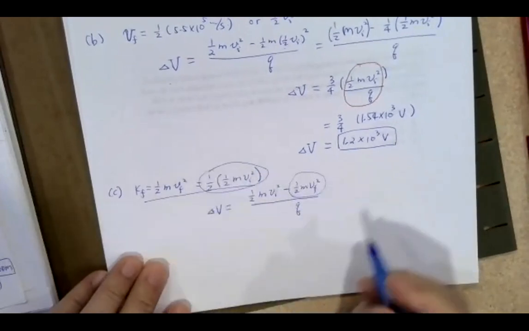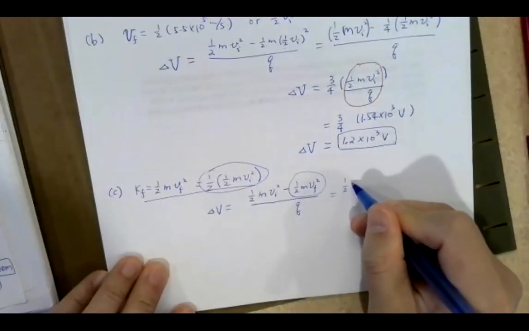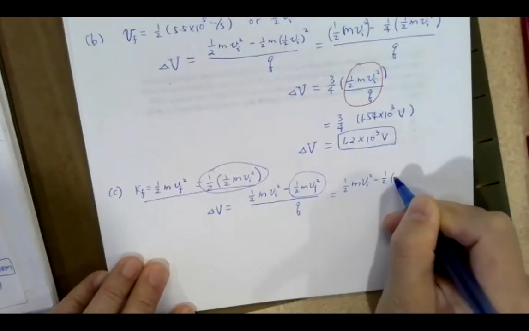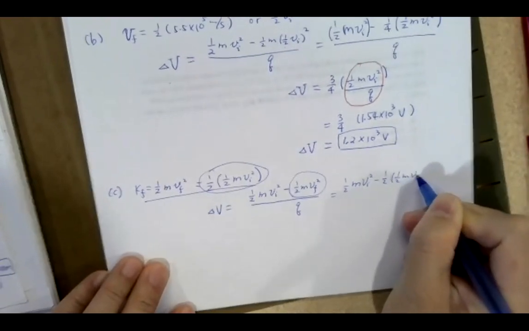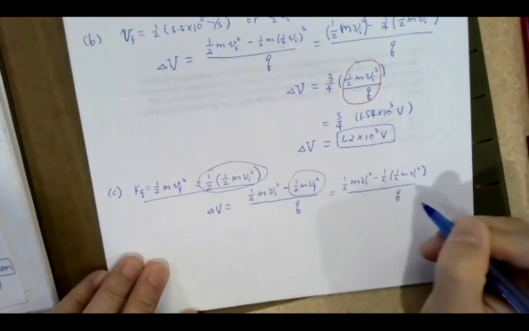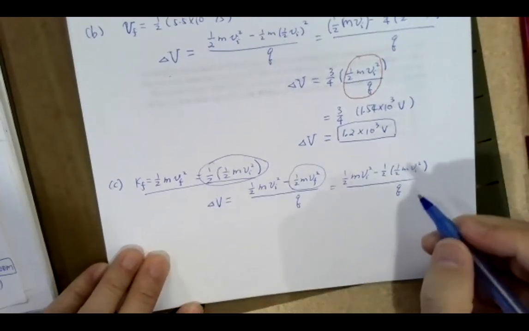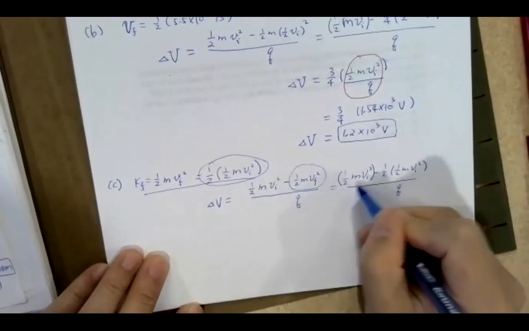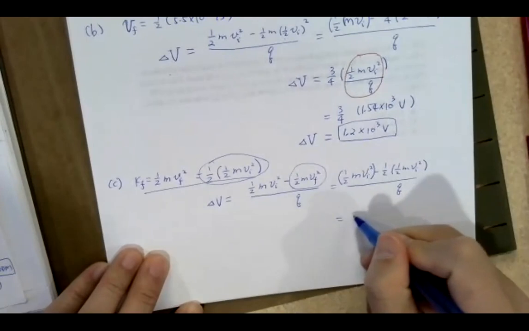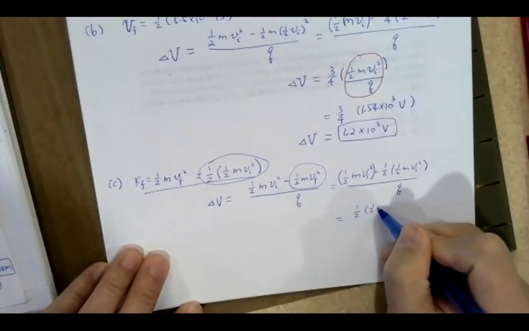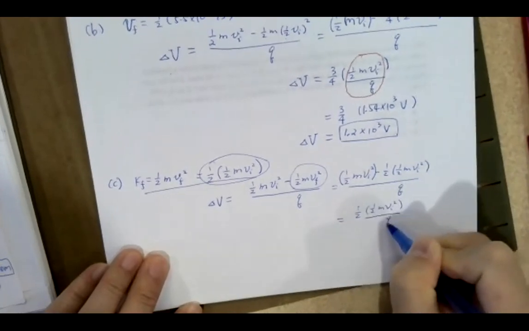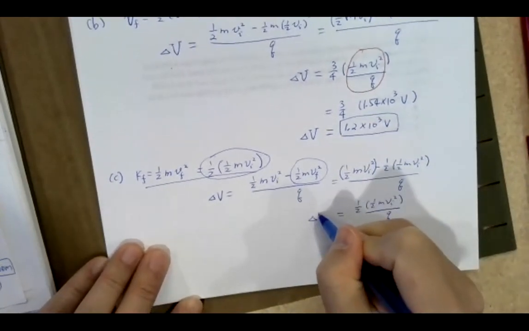So this is 1/2 m v initial squared minus 1/2 of 1/2 m v initial squared, divided by q. This is the initial kinetic energy, and this is 1/2 of it. So it's 1/2 of the initial kinetic energy, divided by q. That'll be your delta V.